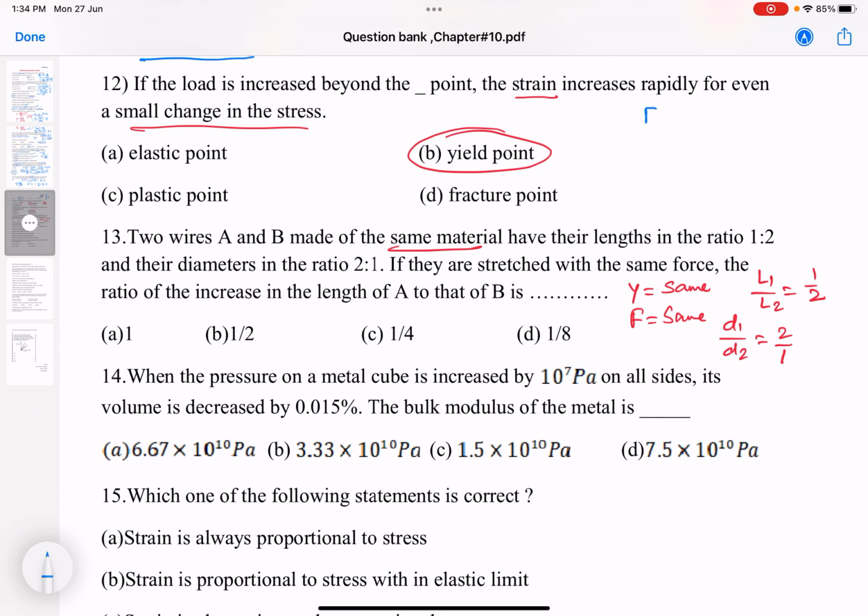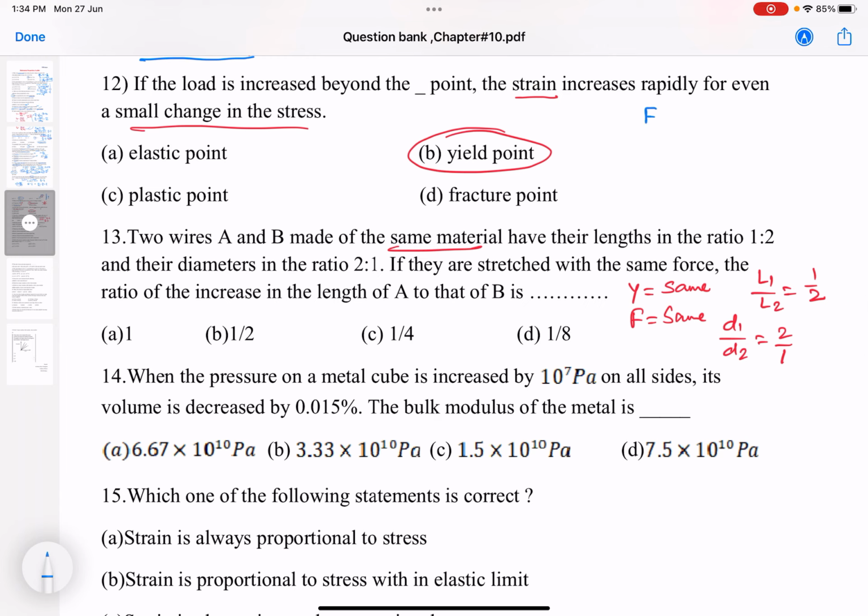We know that Y is equal to F into L by A delta L. So here he is talking about change in length, so write the formula for delta L. Delta L equal to F into L by A into Y. So here he has mentioned that Young's modulus is the same, so it will cancel out. Force is also the same, will cancel out.